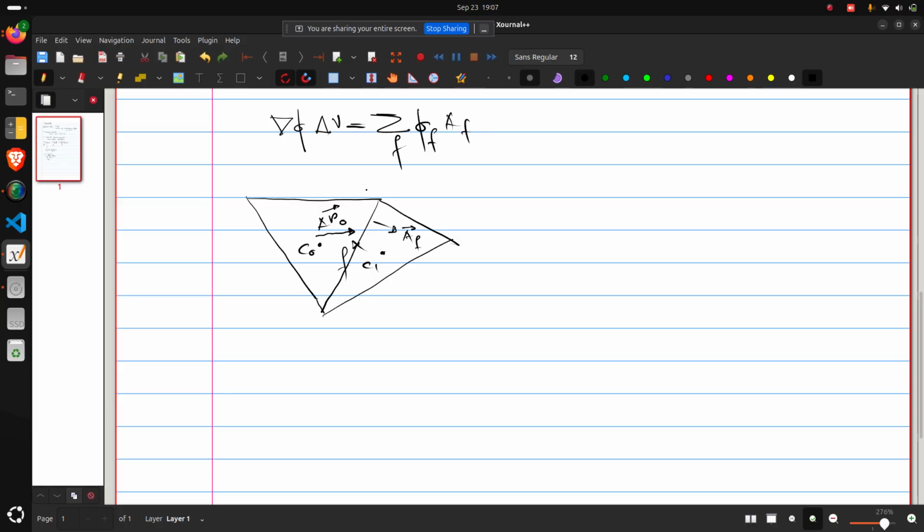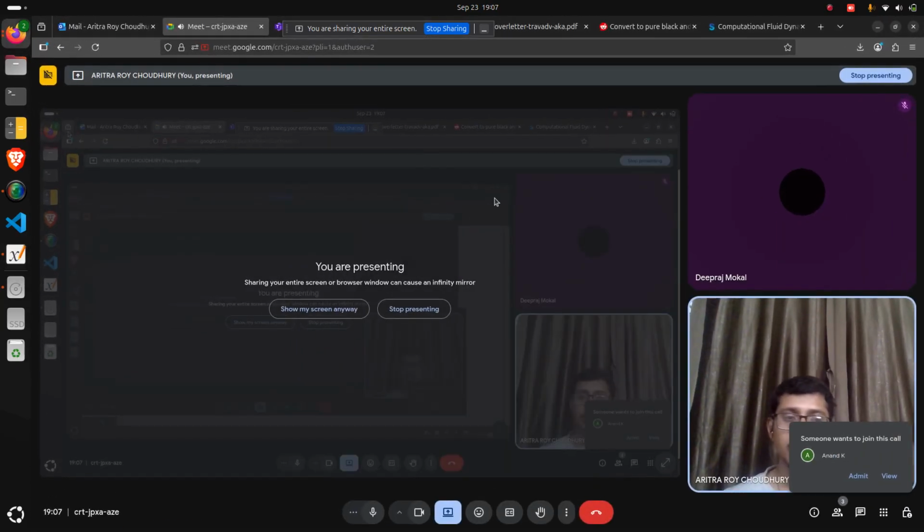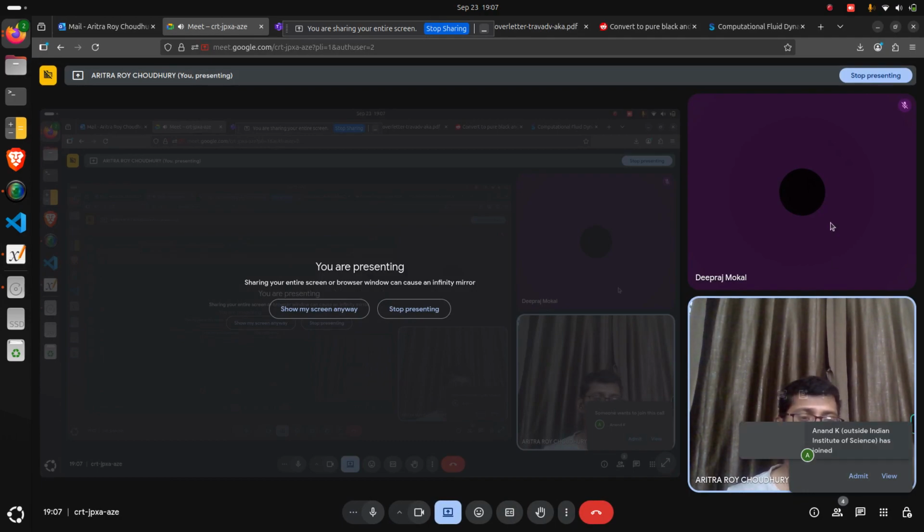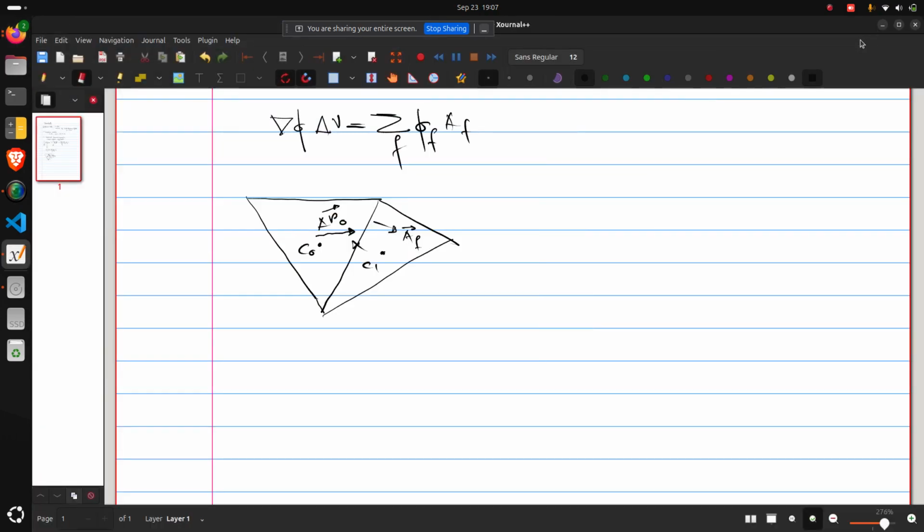Let's write the face as f. Okay, and let this vector delta r1 bar be the vector connecting the cell center C1 and the face center.